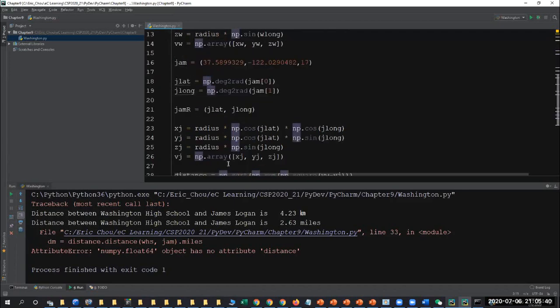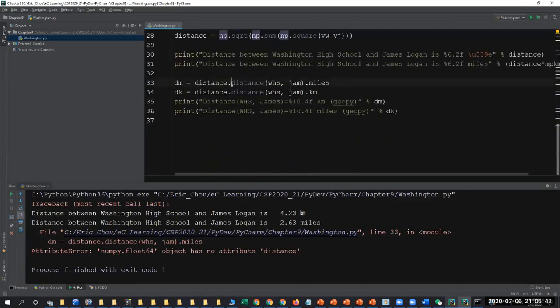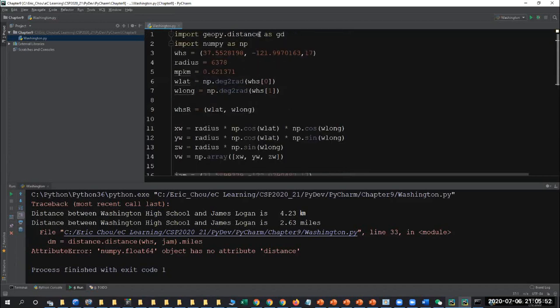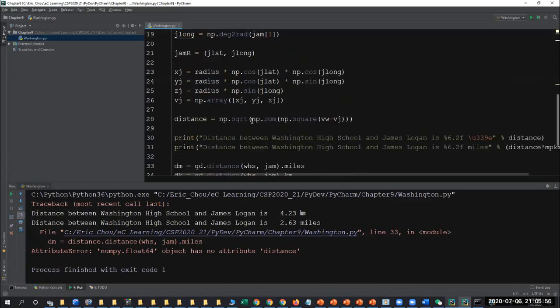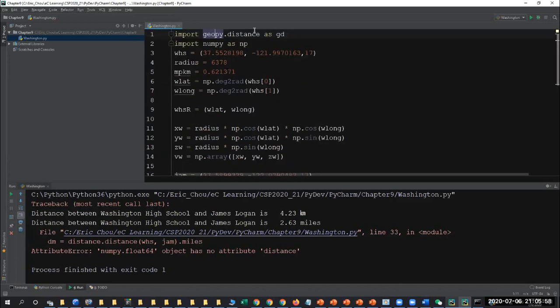So here I no longer use this one. Let me call it GD. I think maybe NumPy has a distance package as well. So here I change my name to GeoPy.distance as GD. So this package is the distance module used as GD.